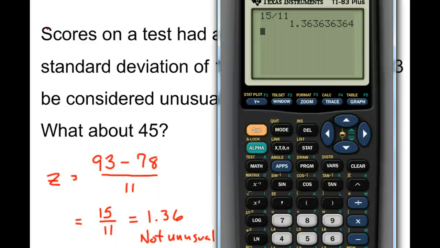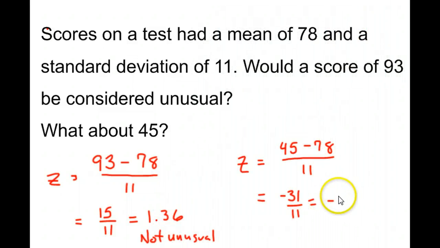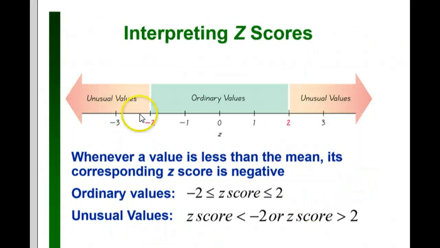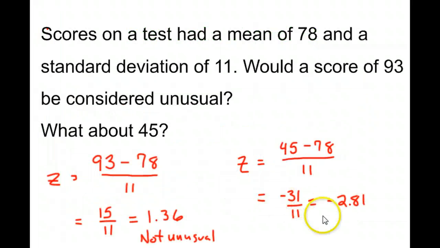And then negative 31 divided by 11 is negative 2.881, and so this is less than -2, so that would fall right around in there. So this would be considered unusual.